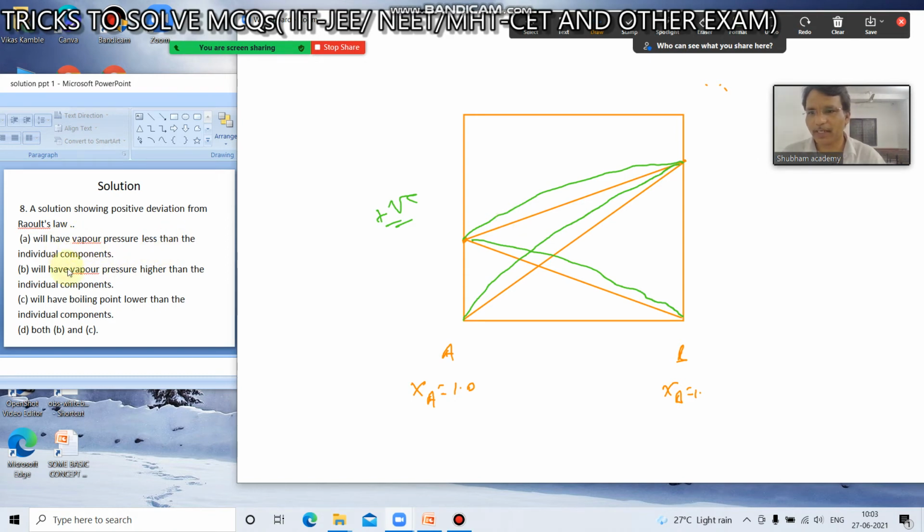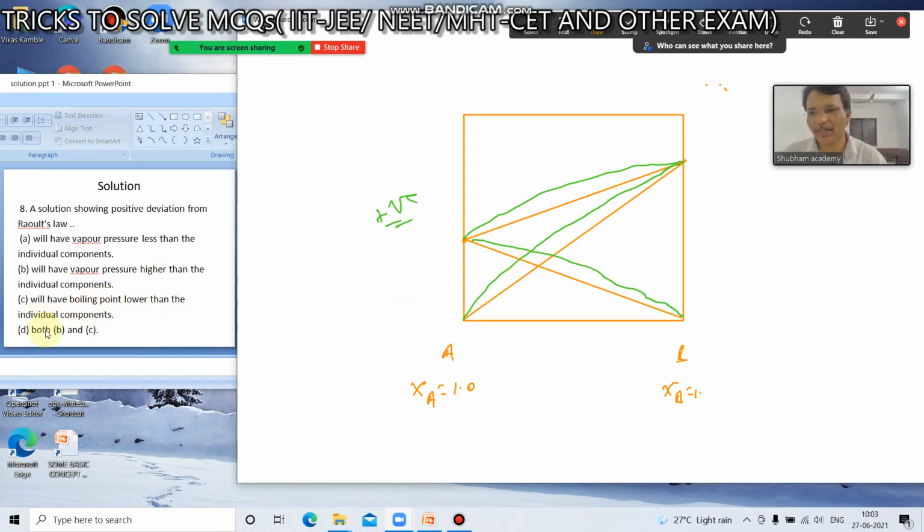So friends, from these options, the first option has vapor pressure less. Vapor pressure is shown higher here. So the second option, a vapor pressure higher than the individual, is the correct answer. Option C, boiling points lower than the individual, is also correct.